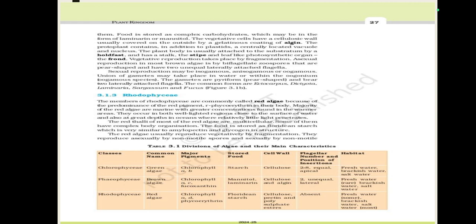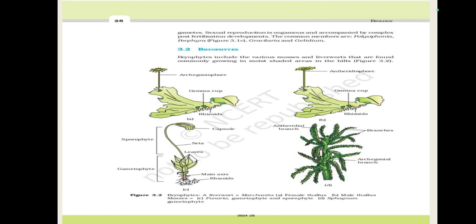Flagellar number 2, unequal, lateral. Habitat: fresh water, brackish water, salt water. Red algae, Rhodophyceae: chlorophyll a and d, phycoerythrin, floridean starch as stored food, cell wall cellulose, pectin, and polysulphate esters. Flagellar absent. Habitat: fresh water, some brackish water, salt water, moist.